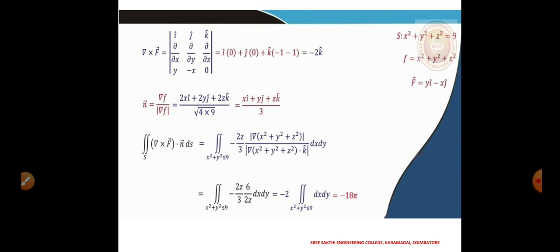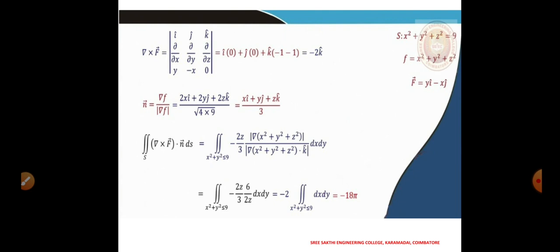On the surface, that value is given as 9. So therefore we have 4 into 9, so this 4 will cancel with the 2 there, and then we have x i vector plus y j vector plus z k vector. This is the unit normal vector at any point of the surface of this hemisphere, and we need to get this surface integral.